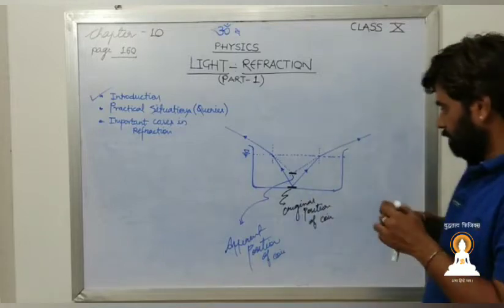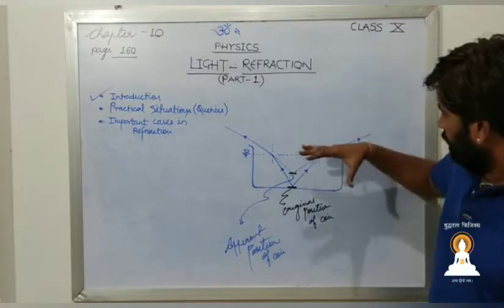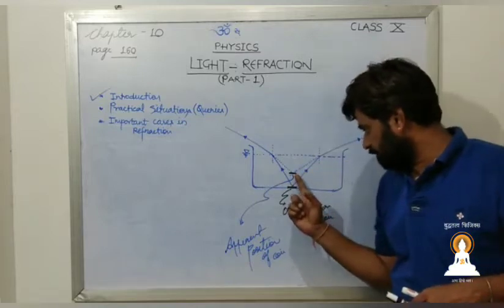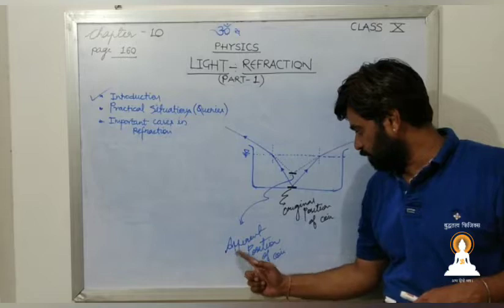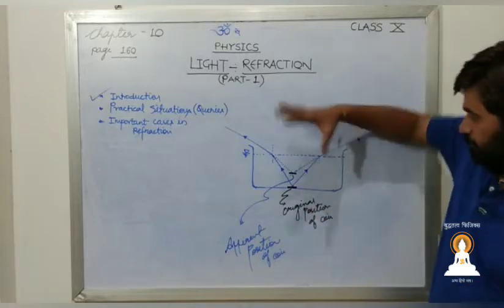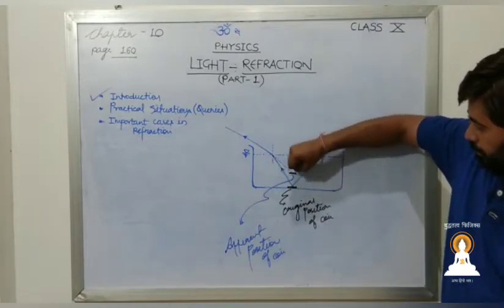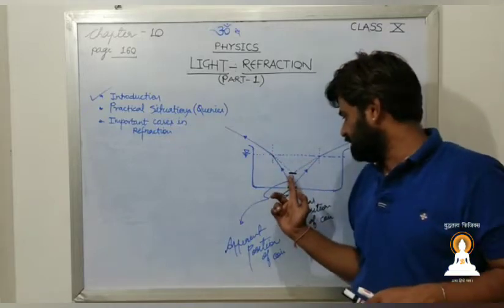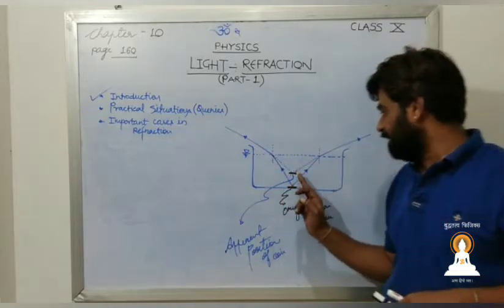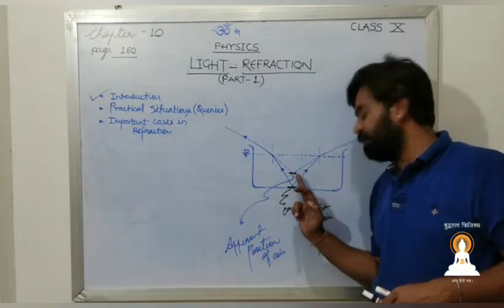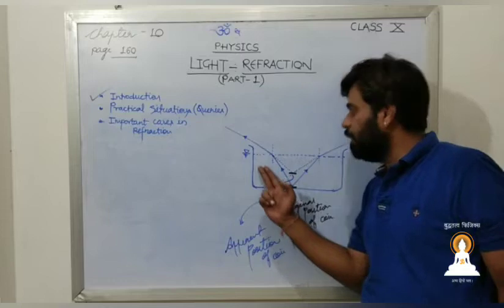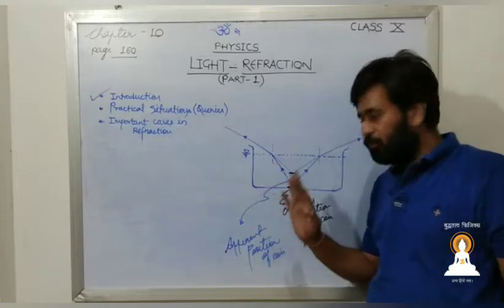When you take your hand to pick that coin, actually you will try for the apparent position, and if you try to pick it, nothing will be there in your hand, because this is only the temporary position. And why did this happen? This happened just because of the medium, that is water in this case.